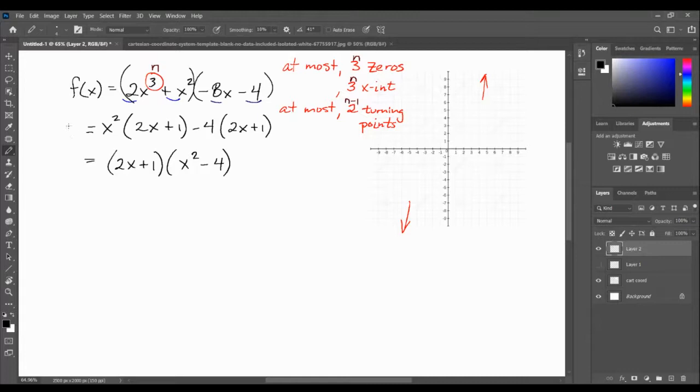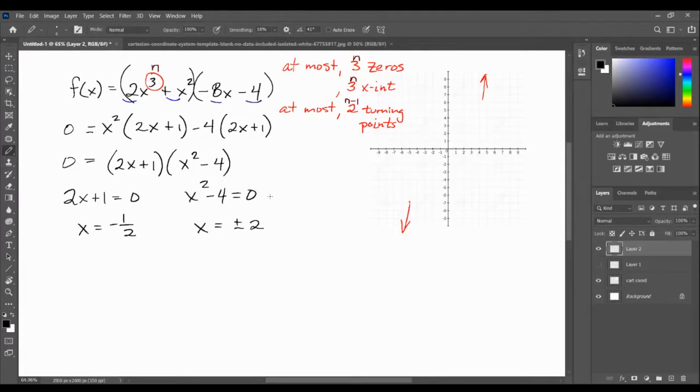Now these equal 0 because we're trying to find the zeros of the function, so I can set each one of those factors equal to 0. So here I'll have x is negative 1/2, and here we'll get x equals plus or minus 2.